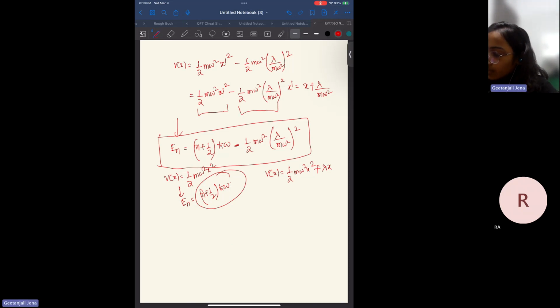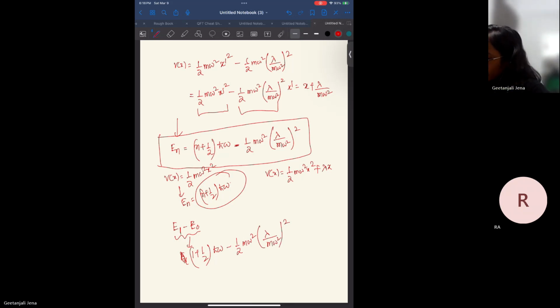So now it is asking about what will be the energy difference between first excited state and the ground state. Okay. So the first excited state, you know that E will be (1 plus half) h cut omega minus this constant term, (lambda by m omega square) whole square, minus the ground state, where n is 0.